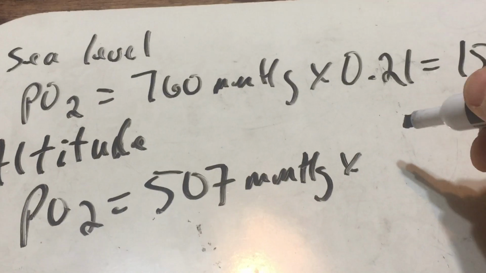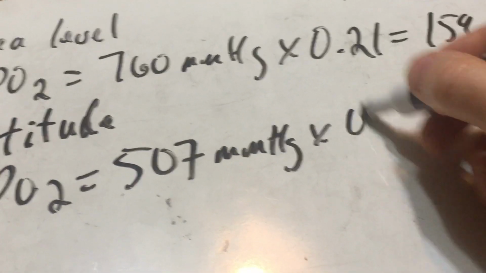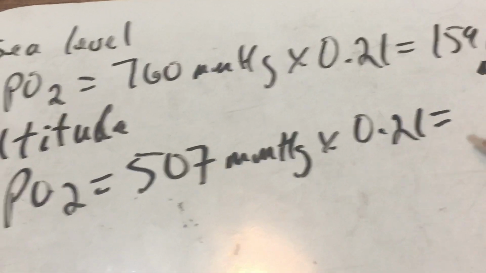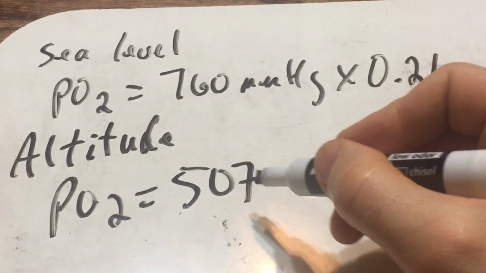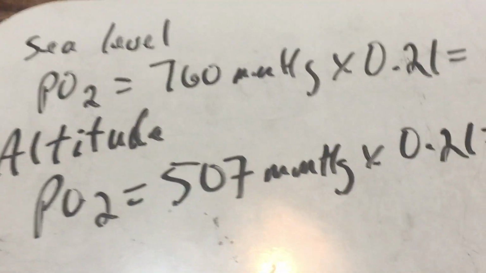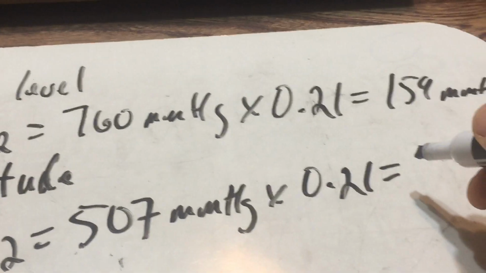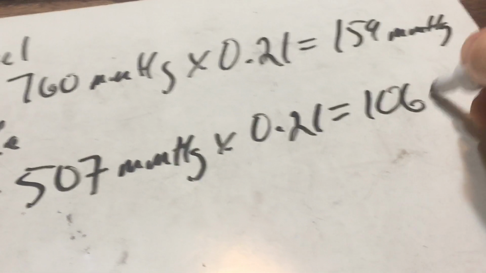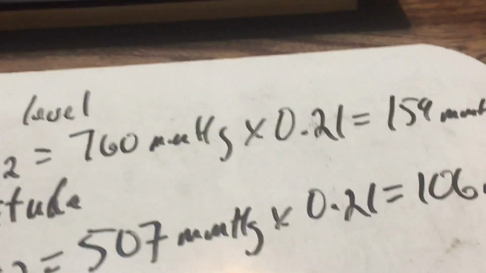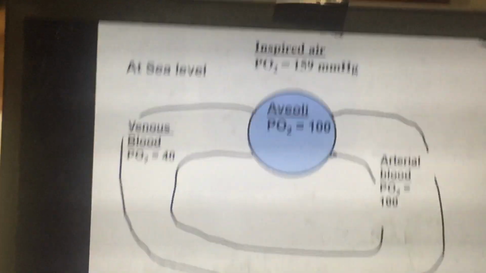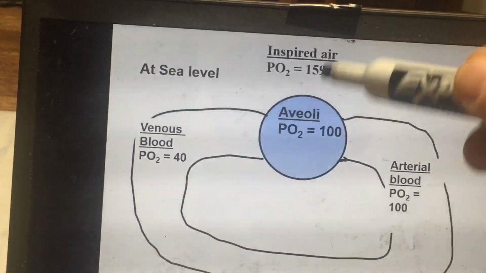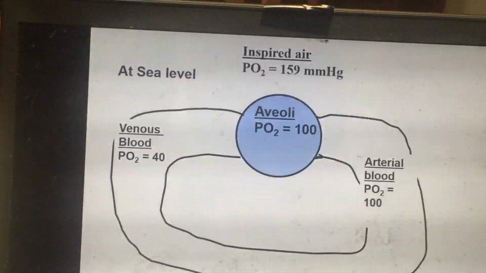Your percentage of oxygen in the air actually stays the same, but because the atmospheric pressure is reduced, your partial pressure of oxygen, if you work out this equation, is reduced to 106 in this instance. So you have a lot lower driving pressure, if this is 106, to the alveoli to get oxygen into your lungs.